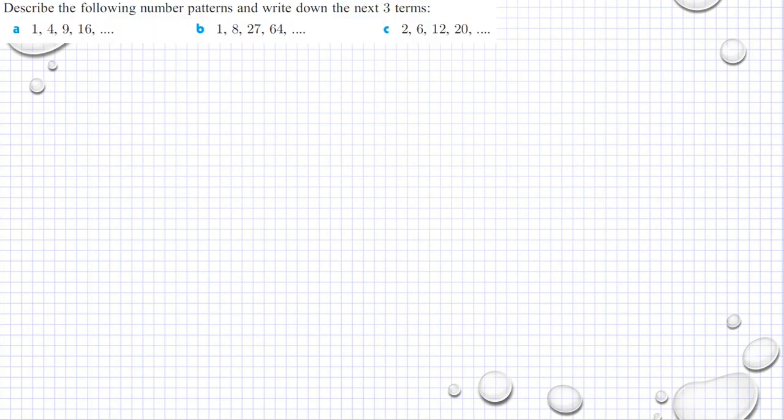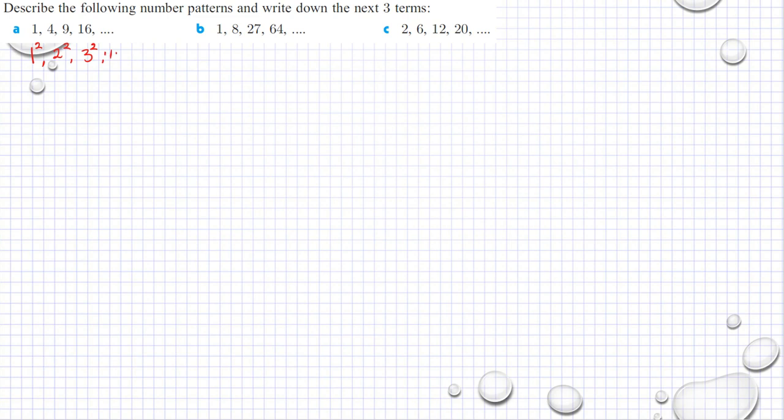Okay, next. Describe the following number patterns and write down the next 3 terms. As you can see, we have 1, 4, 9, 16. The first term is 1 raised to 2. The second term is 2 raised to 2. The third term is 3 raised to 2.